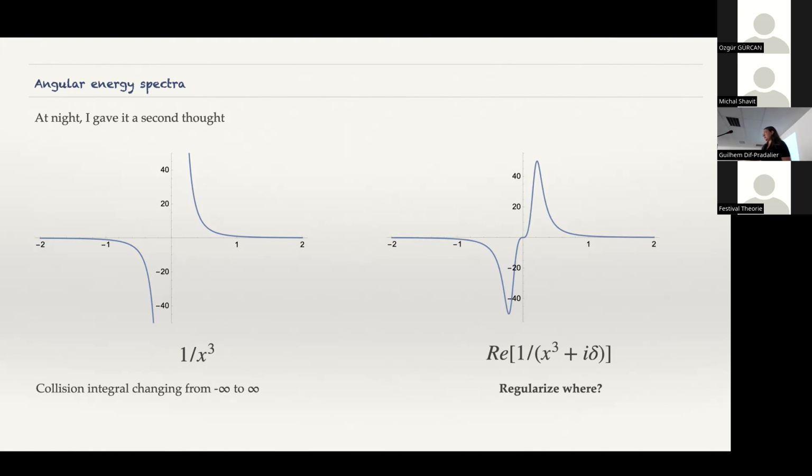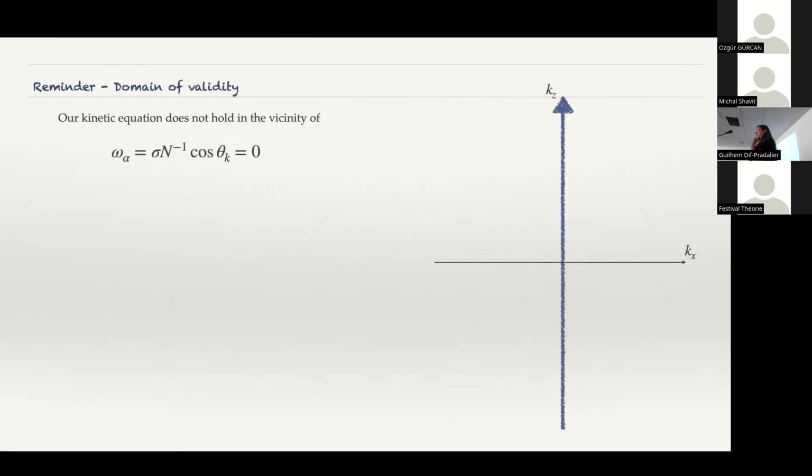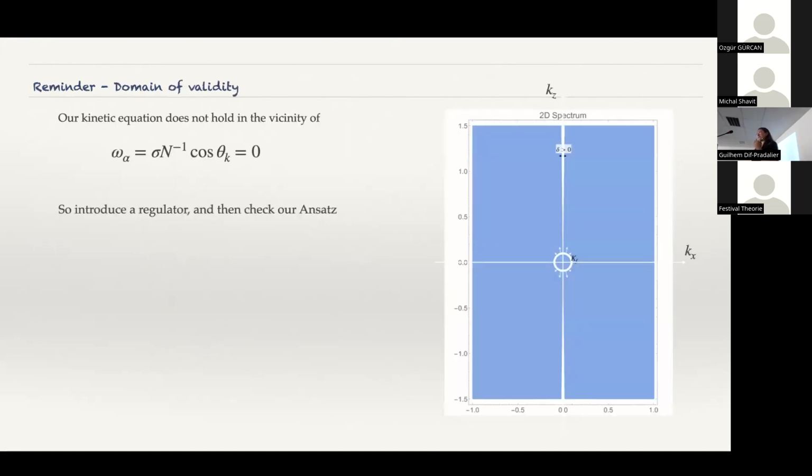So what we did is we introduced a regulator around the shear modes, and when we took this regulator to 0, then we get a finite solution that does not depend.